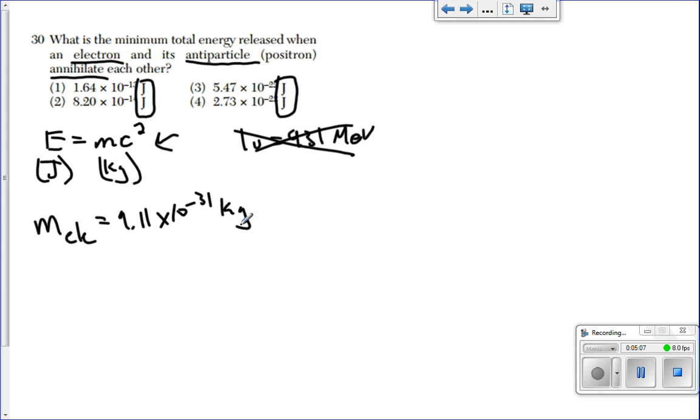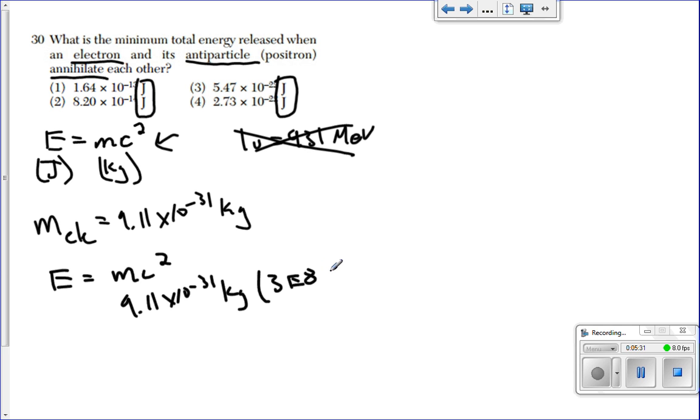We also know that the mass of a particle and its antiparticle are the same. All right, so we are going to do E equals mc squared, and we are going to plug in our 9.11 times 10 to the negative 31st kilograms for our electron, and put in our speed of light.